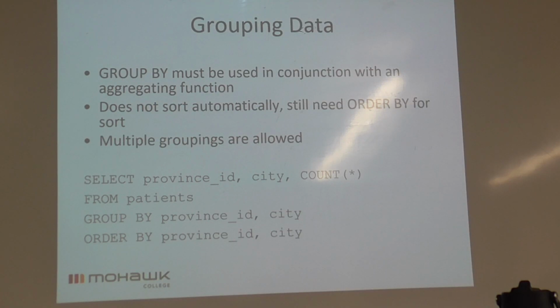So, group by must be used in conjunction with an aggregating function. Things like count, sum, max, these are aggregating functions because they take many inputs and produce but one output. Multiple groupings are allowed, and of course you can also add an order by in order to order the results.